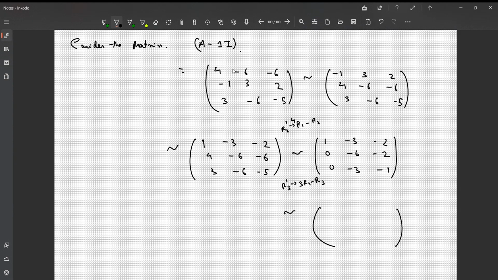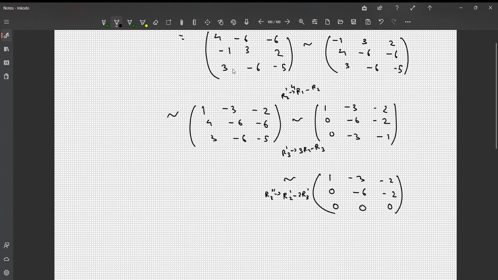Now observe that if we take r3'' as r2' minus 2 times r3', that is, we subtract 2 times the now third row from the now second row, we have 1, -3, -2, then 0, -6, -2, and then 0, 0, 0.